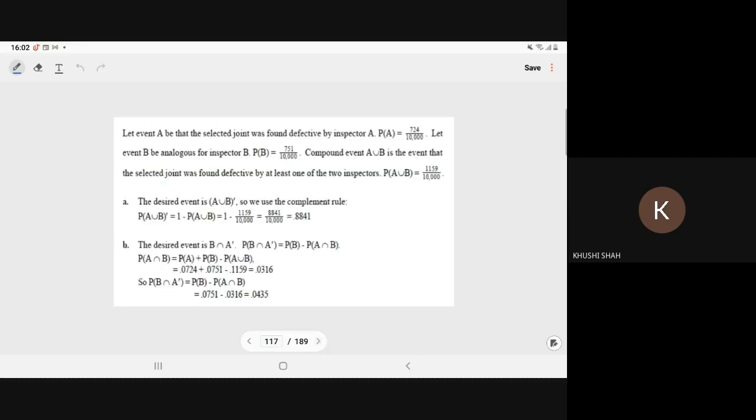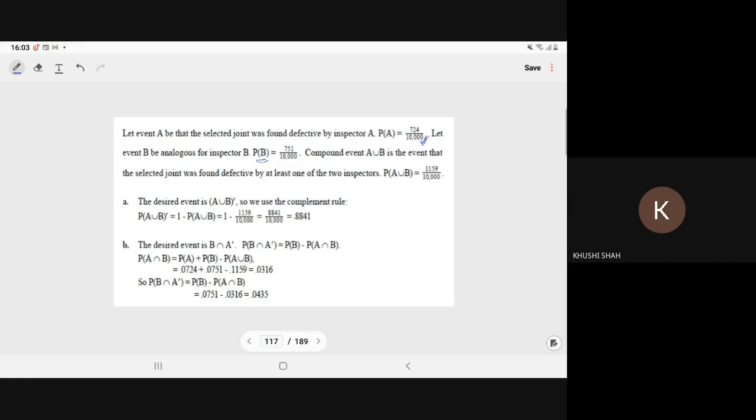From the given information, let us define the events. Let the event A be the selected joint was found defective by inspector A. Inspector A has found 724 defects, so P of A is 724 by 10,000. Let the event B be analogous for inspector B, so the probability of B is 751 upon 10,000.